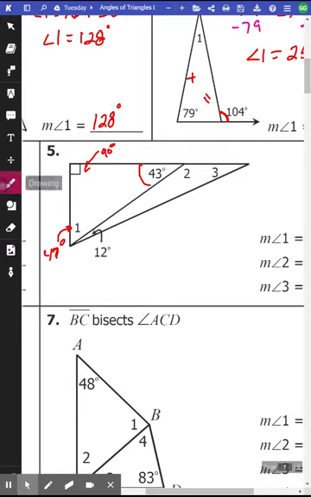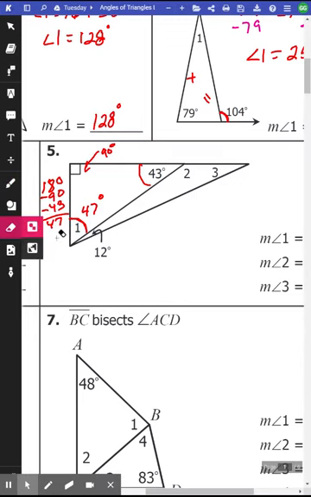I'll write it over here on this side. 180 minus 90 minus 43 ends up being 47. Well, we know a straight line equals 180.